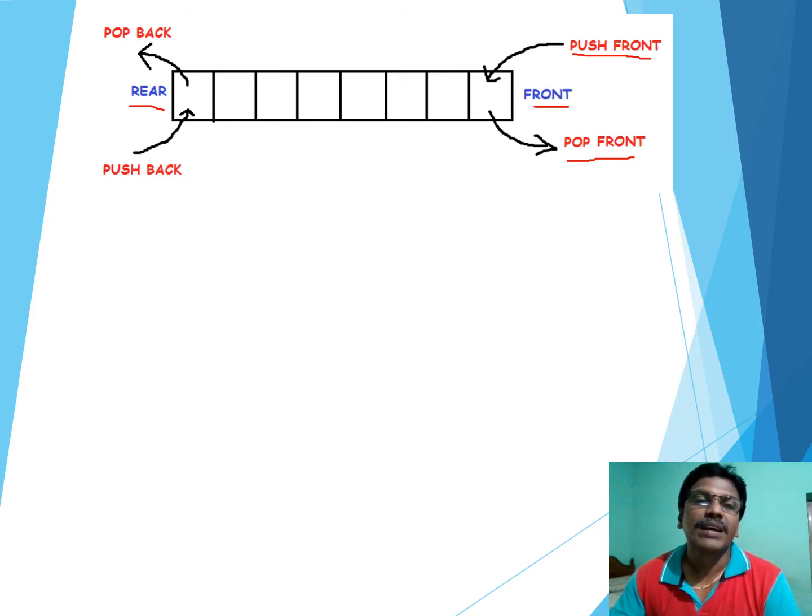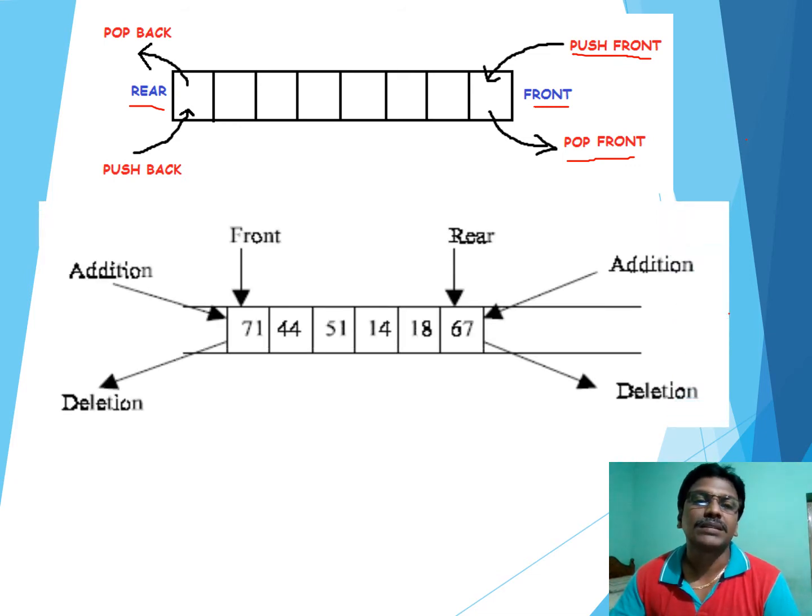In the same way, the rear end can also perform push and pop operations. That is the double-ended queue. Additions or deletions can be performed at both ends, front end and rear end. That's why it is called a double-ended queue.